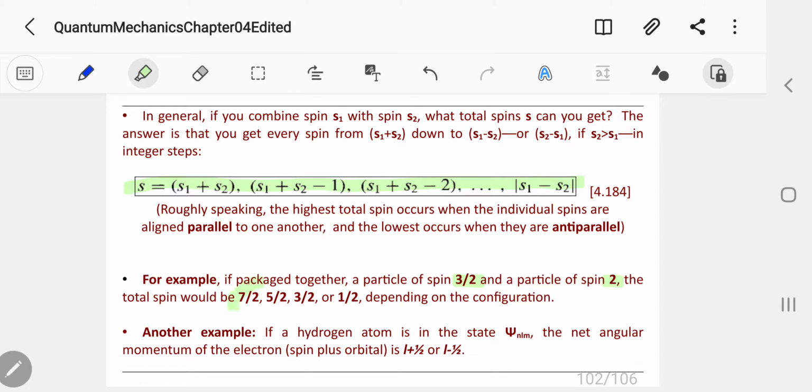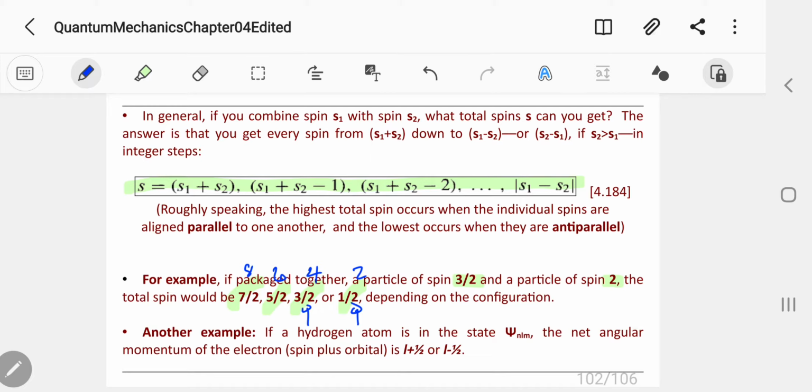You have 7 halves, 5 halves, 3 halves, or 1 half. For 1 half, you have 2 spin states: 1 half and negative 1 half. This one has negative 1 half and 1 half. This one has negative 3 halves, negative 1 half, 1 half and 3 halves. So these are 2 states, these are 4 states, these are 6 states, and this one has 8 states.